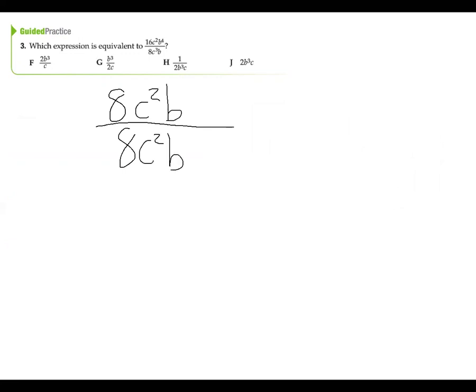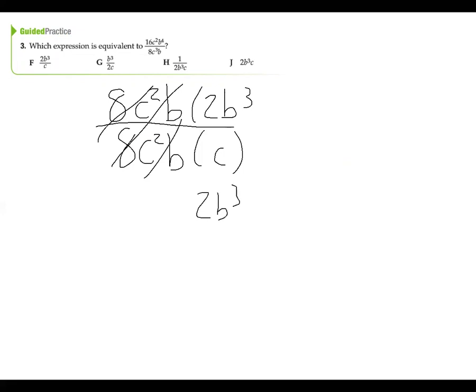The denominator, after you factor out the GCF of 8c squared b, would have just a c left over. And the numerator would have a 2b cubed. So these cancel out, and you'd have 2b cubed over c. So the correct choice is F for that one.